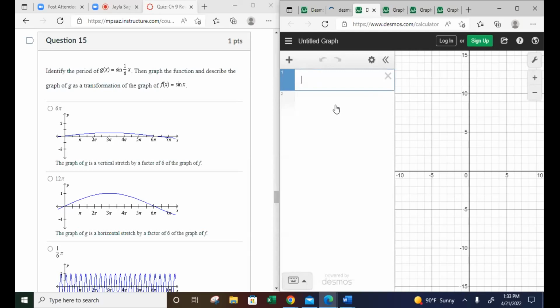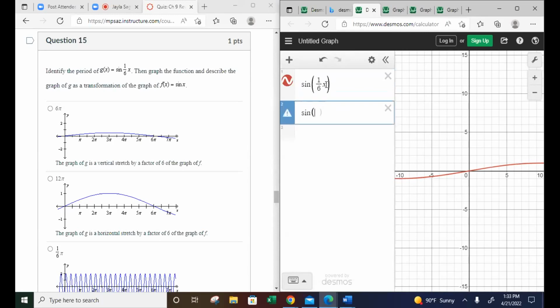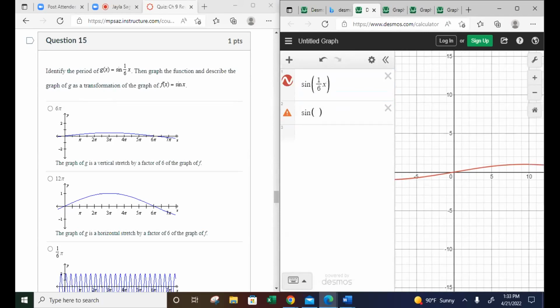The X has to go inside parentheses. All right, so one of the things you can do is change your window. And I think that would really help here if you don't have the right graph.